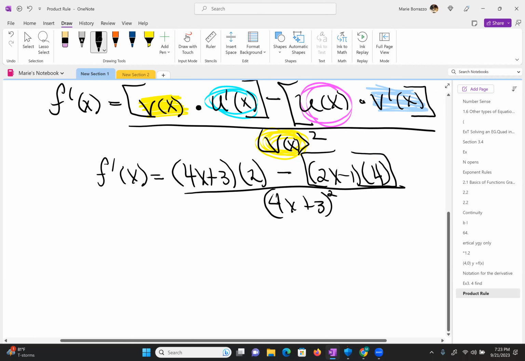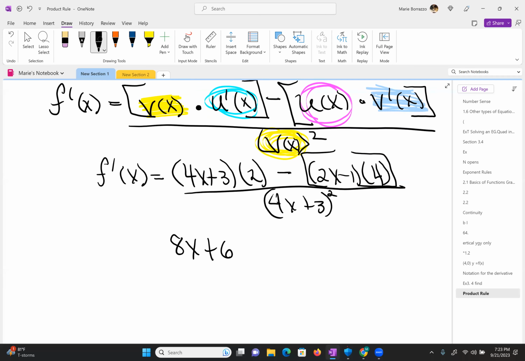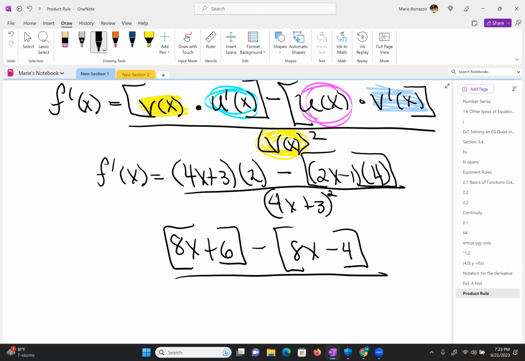When this is completed and you distribute, you're going to get 8x plus 6. That's the first half of the numerator. Minus, and if you distribute this, you get 8x minus 4. And all of this is over 4x plus 3 squared.